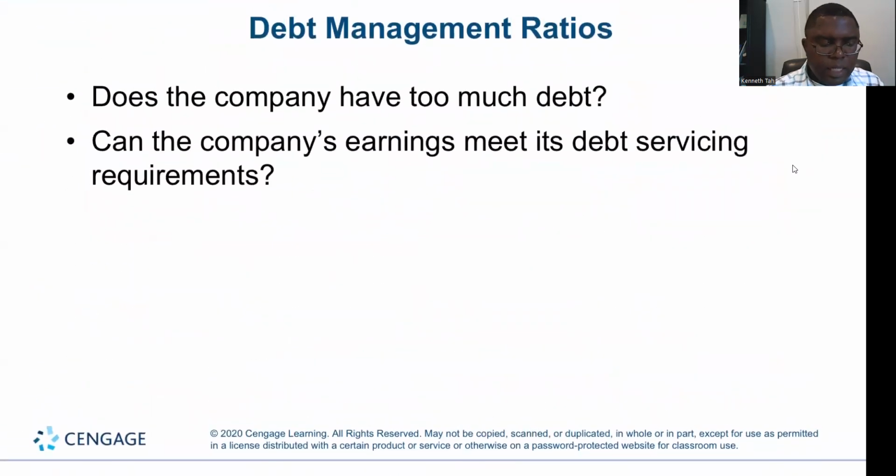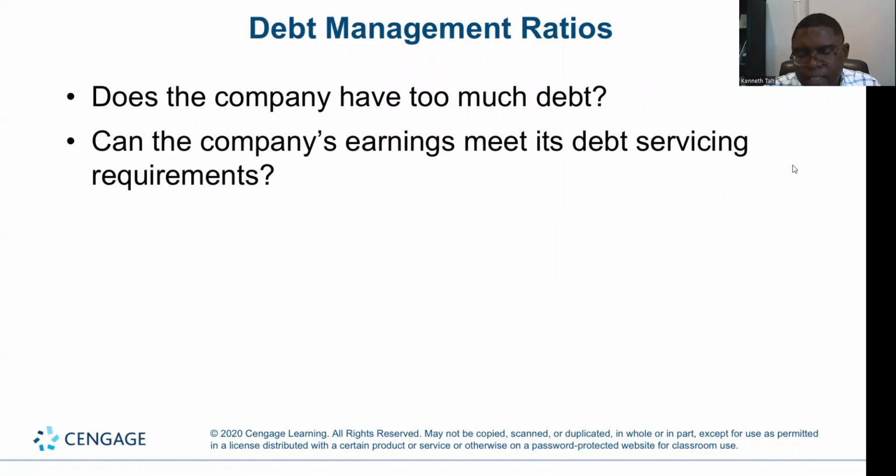All right, so those are the two liquidity ratios that we are going to talk about. The next group of ratios that we want to talk about is what we call the debt management ratios. They tend to answer the question, does the company have too much debt?